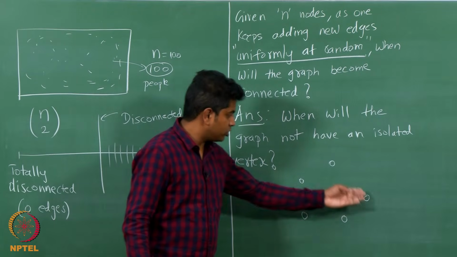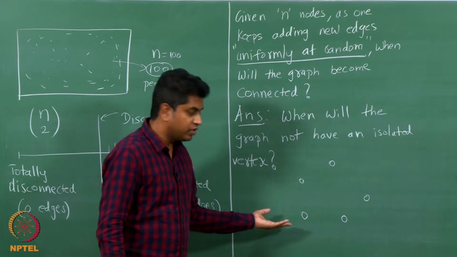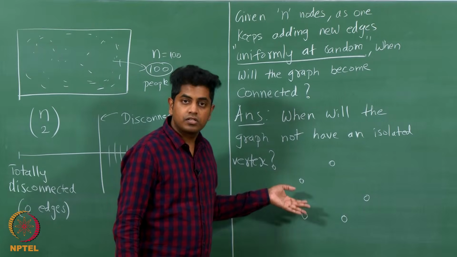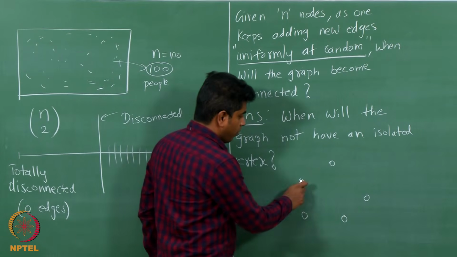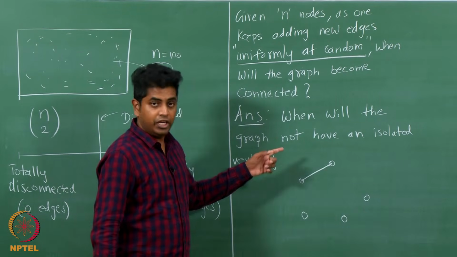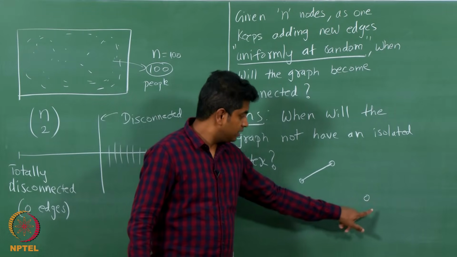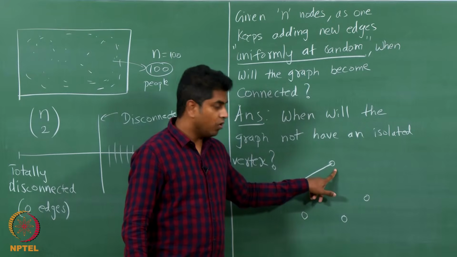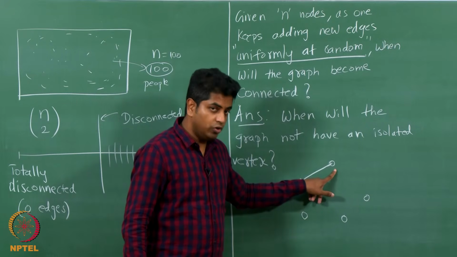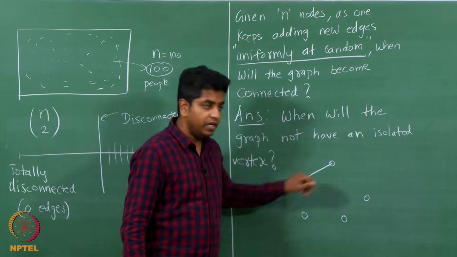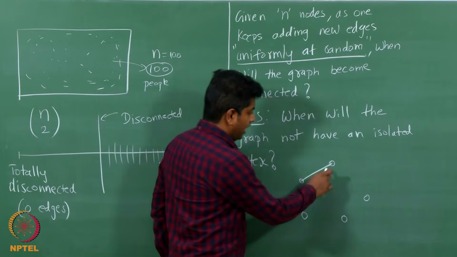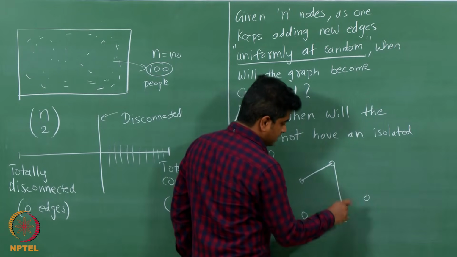As you know, how many possible edges can you put? Little bit of observation tells you 10 edges totally. Let me put one edge. When I put one edge, this is isolated, this is isolated, this is isolated, this was isolated, does not continue to be isolated because you have put an edge. Now I will put another edge, let us say this.